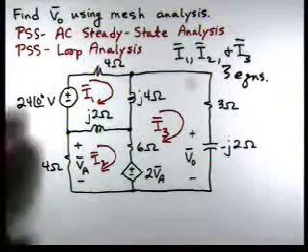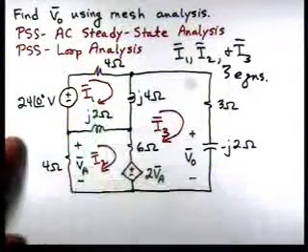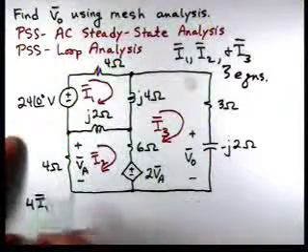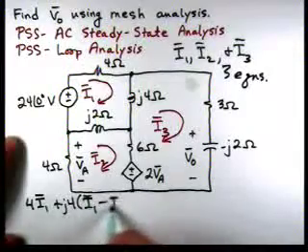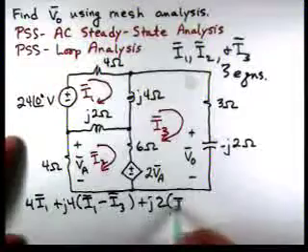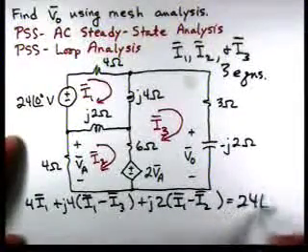So let's start with the upper left mesh, applying KVL. Okay, so we'll have 4I1 plus J4 times (I1 minus I3) plus J2 times (I1 minus I2) is equal to 24 at an angle of 0.